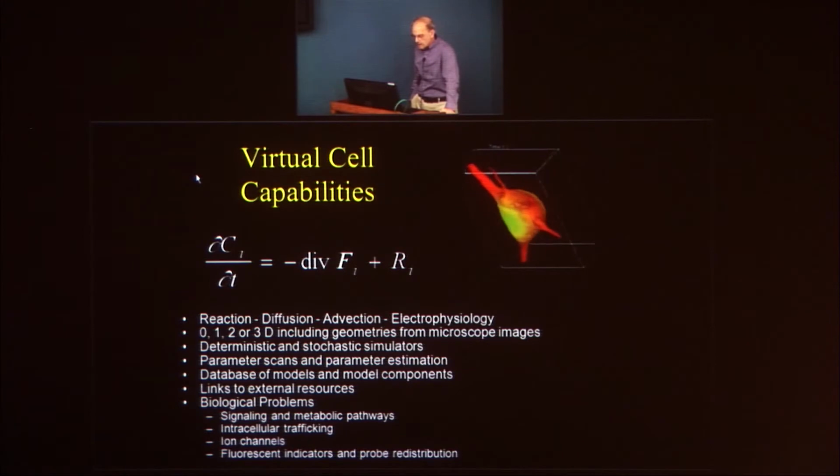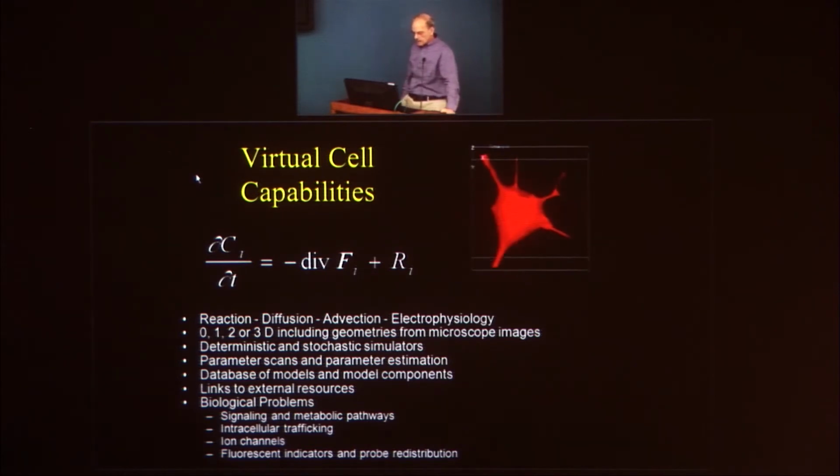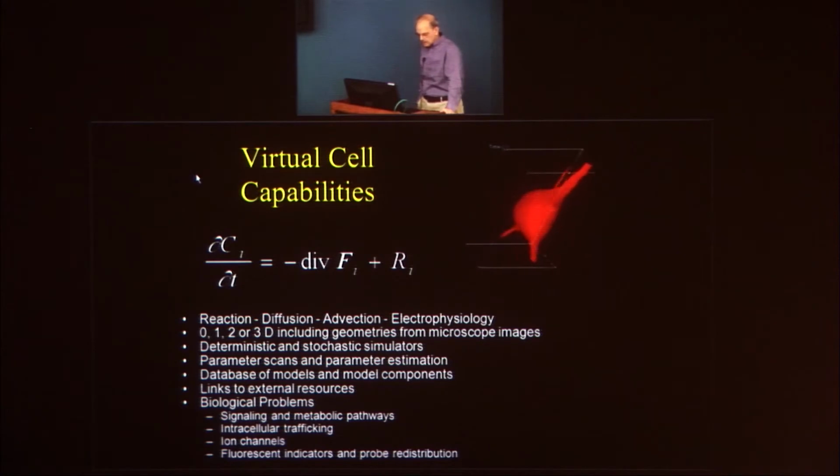And then, in addition to that, we have a source term, R sub I, corresponding to either the creation or the destruction of our molecule I as a function of other molecules or other states of the system.